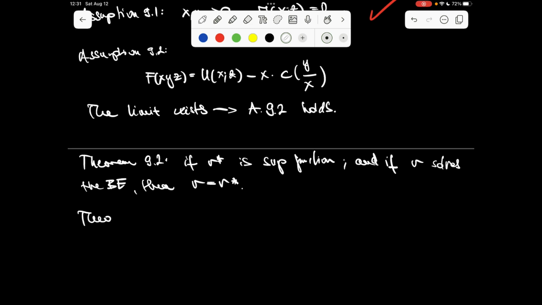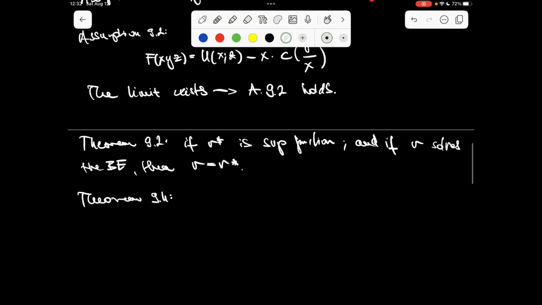And theorem 9.4: the plan that attains the supremum in the sequential form of the problem is the same as the plan that solves the Bellman equation, so it is optimal in the Bellman equation.